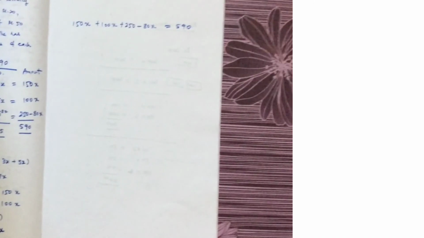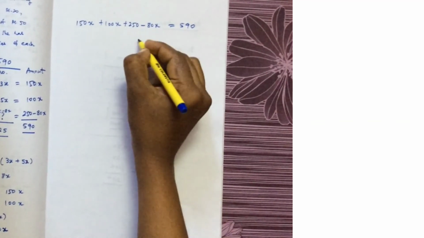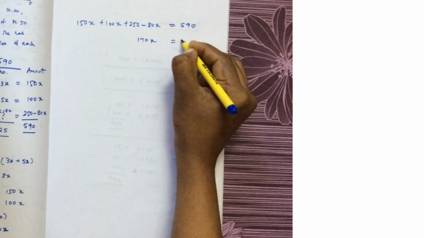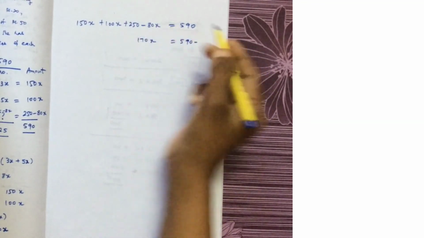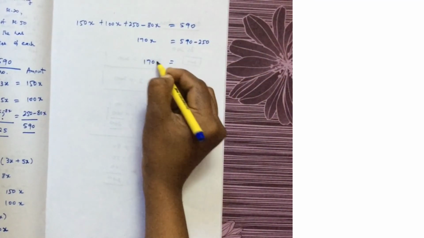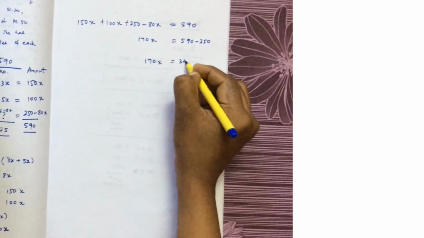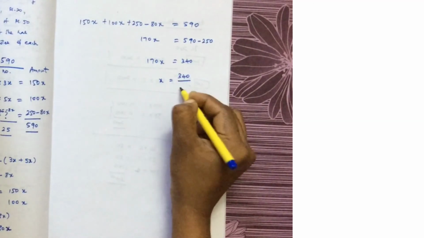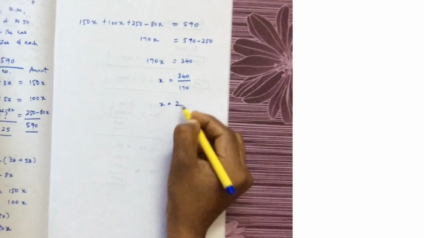The remaining terms which do not have x, you move to that side. 170x is equal to 590 minus 250, so 170x equals 340, x equals 340 divided by 170, x equals 2.